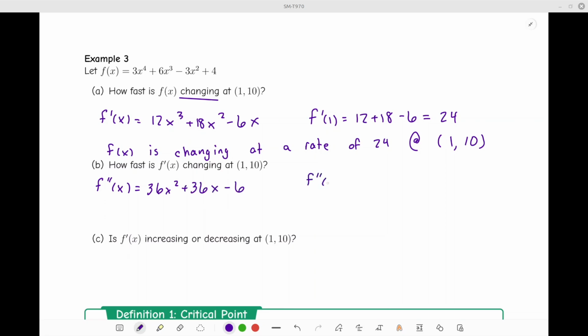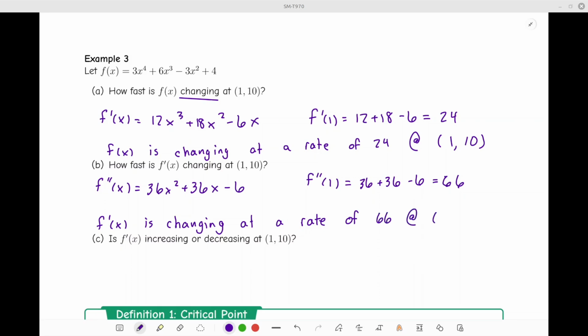And then f prime of 1 is 36 plus 36 minus 6, which is 66. So f prime of x is changing at a rate of 66 at 1 comma 10.